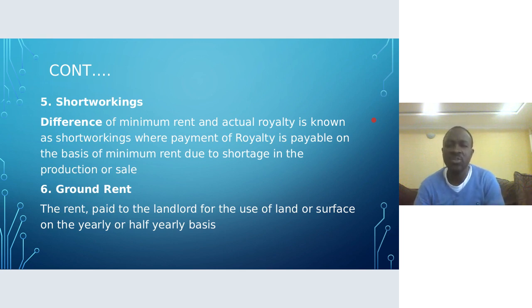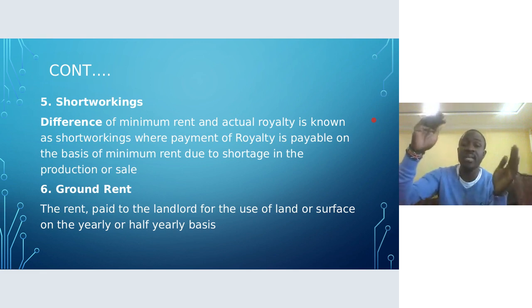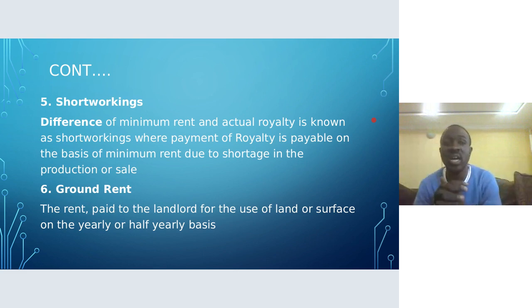It comes out when, for example, we have a minimum rent of 10,000 shillings, and at the end of the year, because the royalty amount is calculated based on output, the total amount from the output is 8,000. So the output is 8,000, but the minimum rent is 10,000. The difference between the minimum rent and the output is what we call short workings.